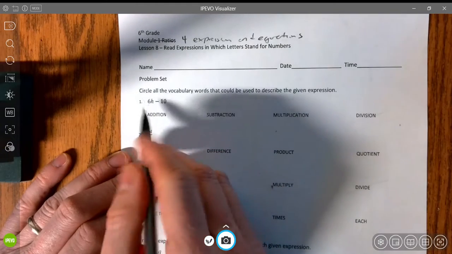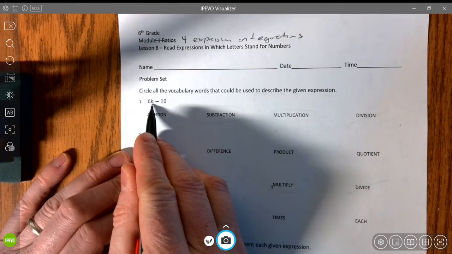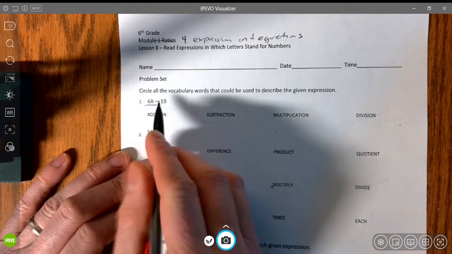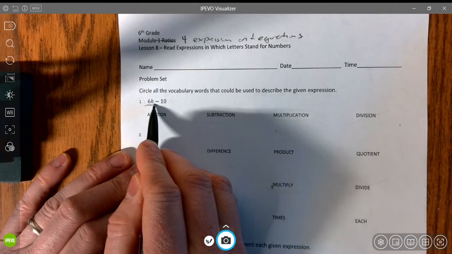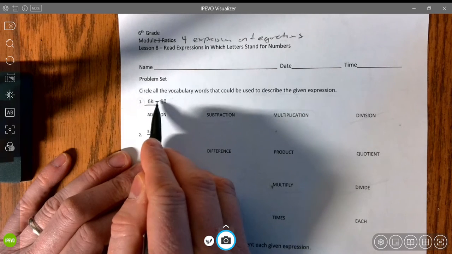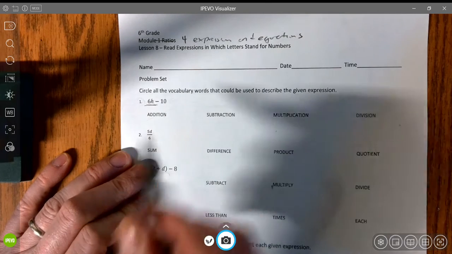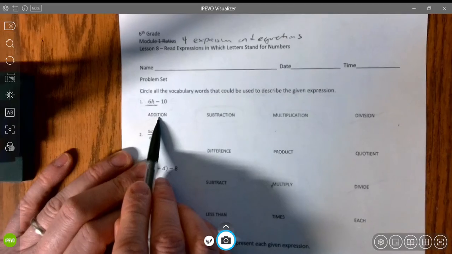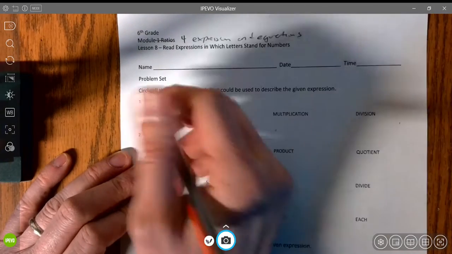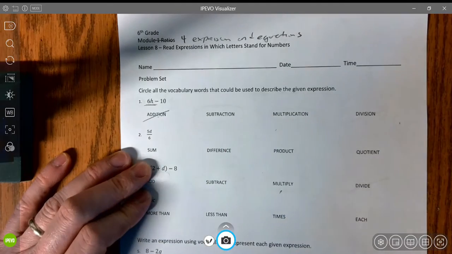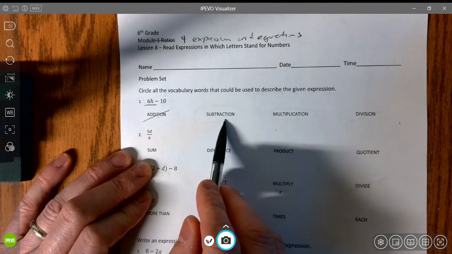So let's take a look at this. 6h. Remember, that means 6 times h. And then minus 10. So let's go through and check. Do we see anything that could tell us that we're adding? Do we see any addition? No, I don't see any plus signs. Do we have subtraction?